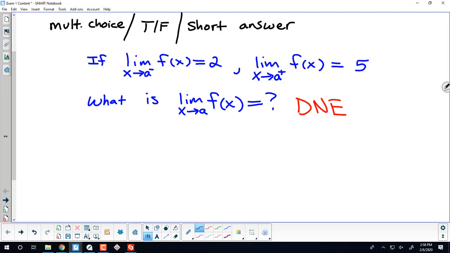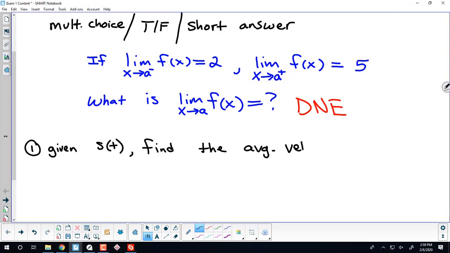I'll just circle the question numbers. So you'll have one question where you're given a position function, s of t. You want to find the average velocity on specific intervals.